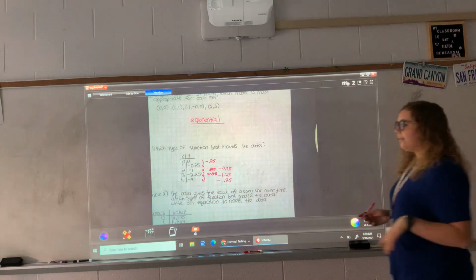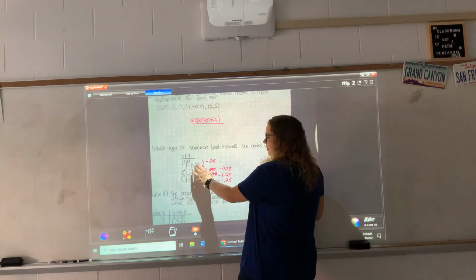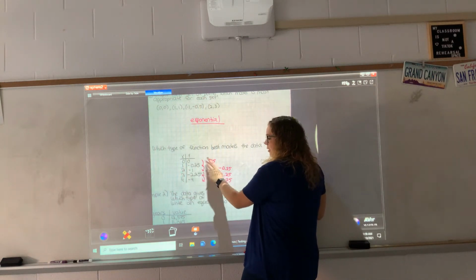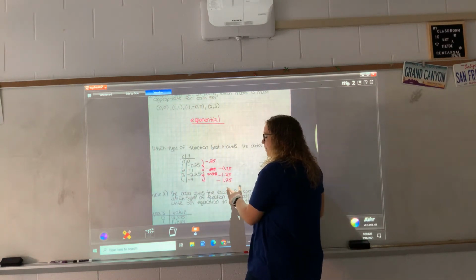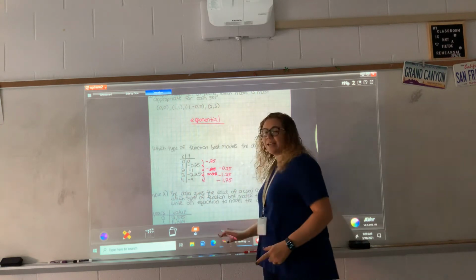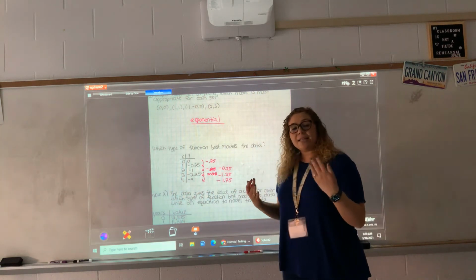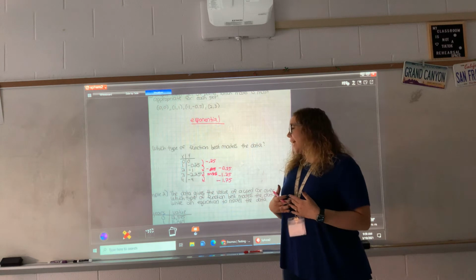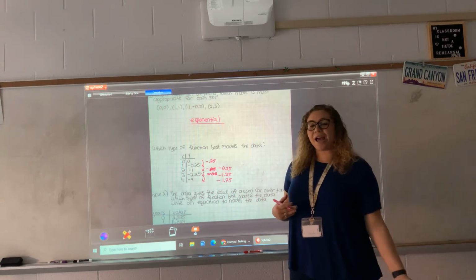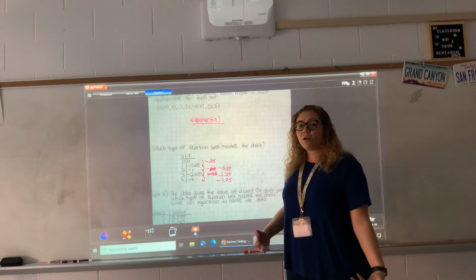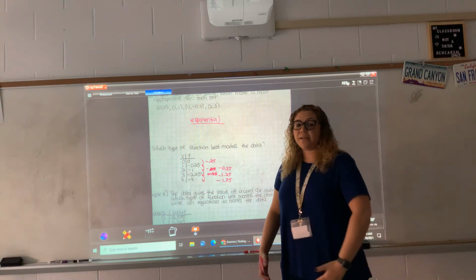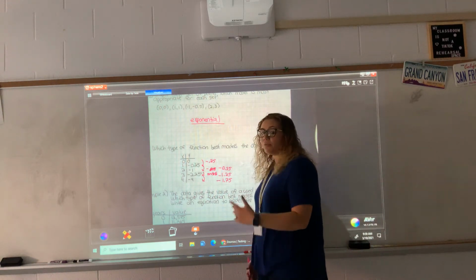And again, to find these, I'll just take my second one, subtract it, see what my difference is. These are all different, so it's not linear. Exponential, I'm not multiplying anything, so it might be quadratic. Now, we can't just say it's quadratic, we need to prove it is.